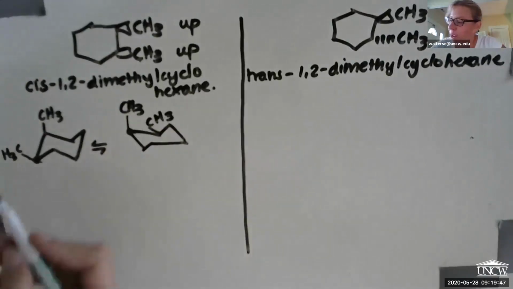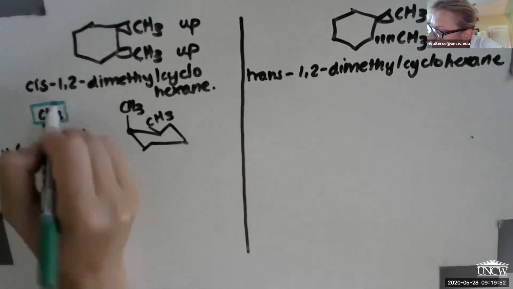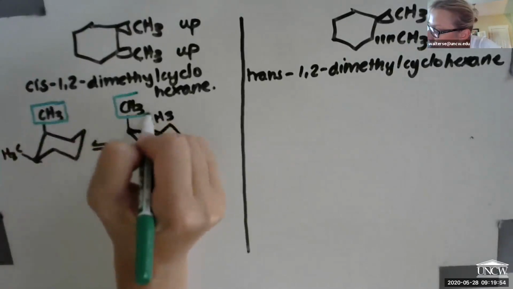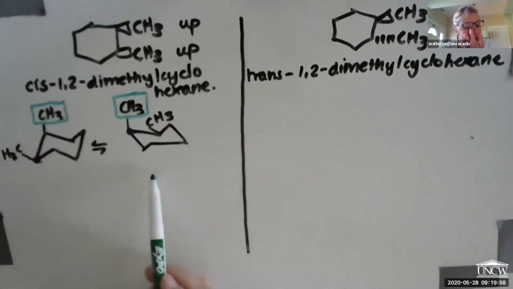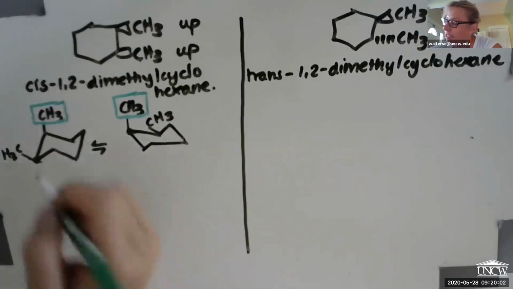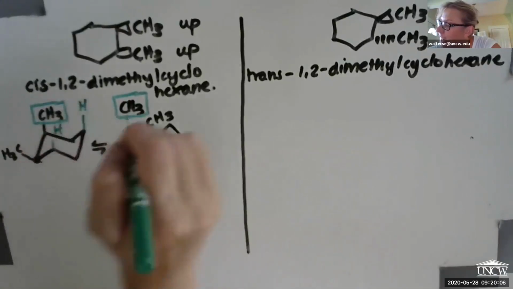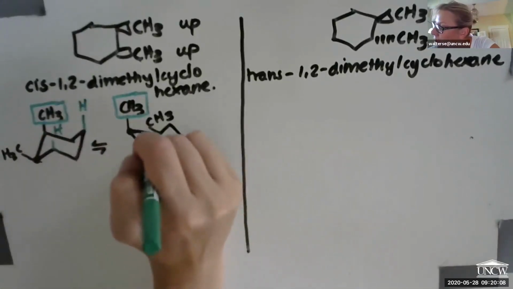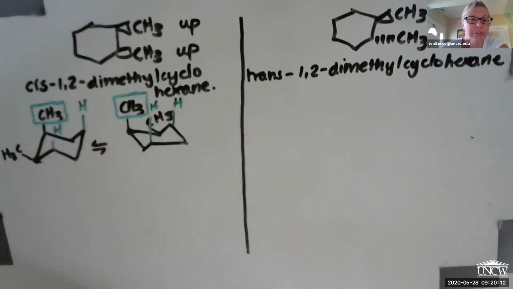Now at this point, you could, if you wanted to, put a box around anything that's axial. It could have been on the top of the ring, it could have been on the bottom of the ring. But if you have something in an axial position, it's going to have that 1,3 diaxial steric strain with any of your other axial groups, even if they're hydrogens.